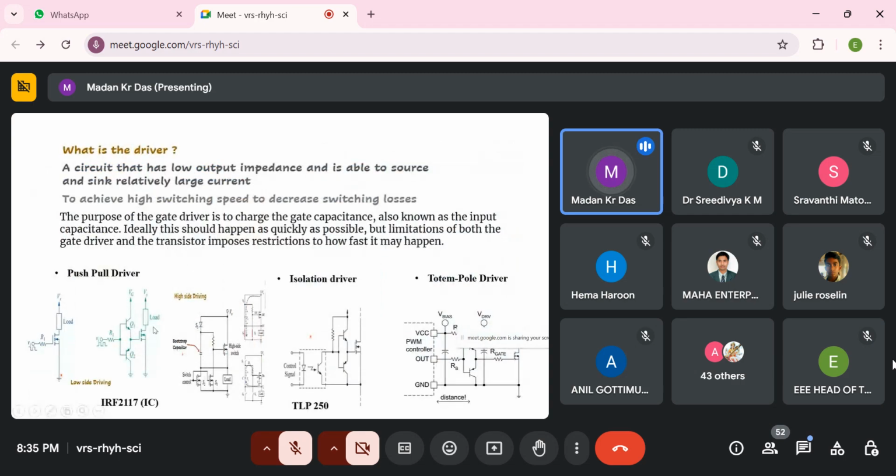And now the driver circuit. How to design the driver circuit, and how many types of driver circuit are there?